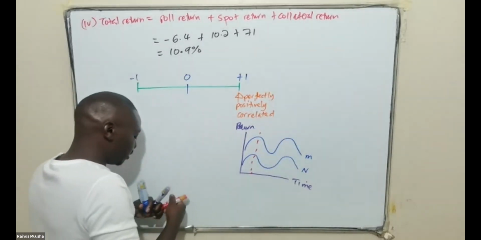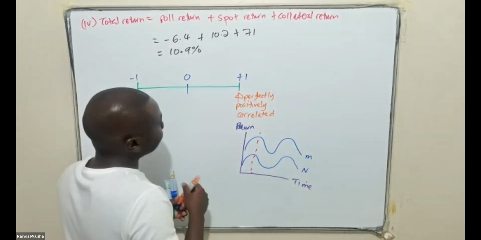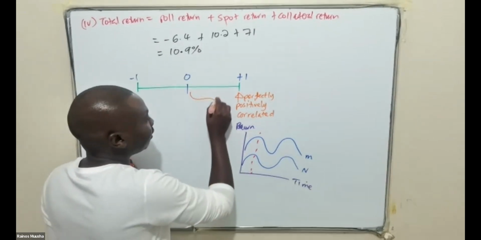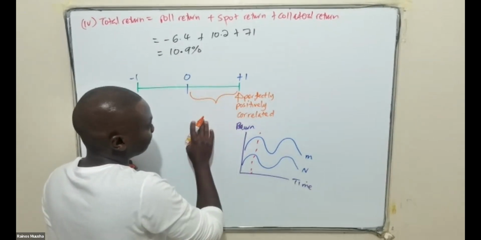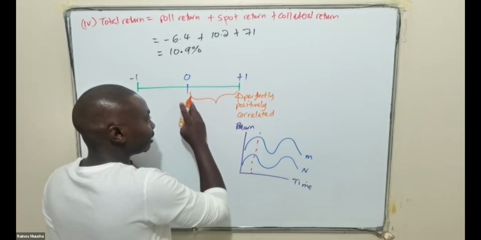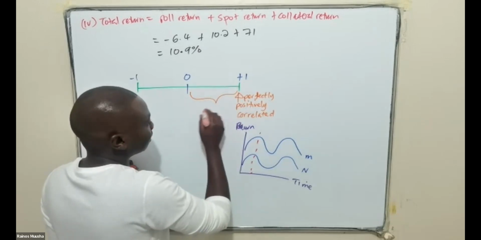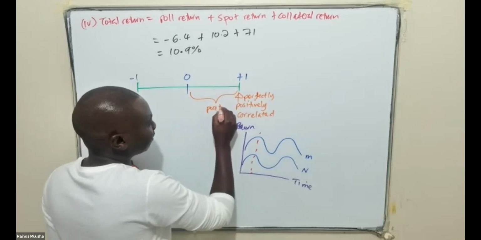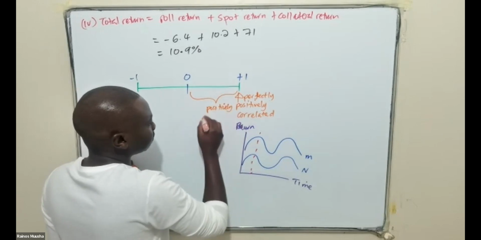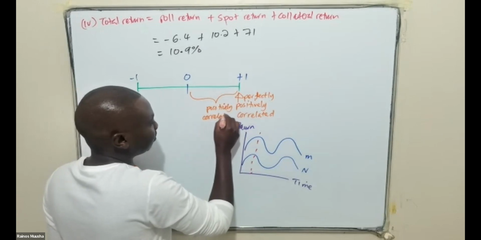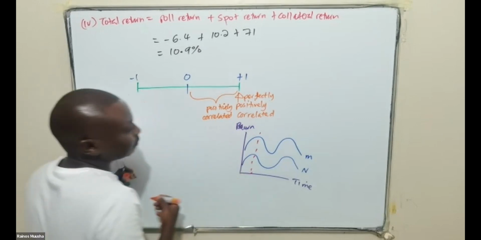But sometimes it is not necessarily going to be perfectly correlated. If the correlation coefficient between the assets is somewhere greater than 0 but less than 1, we just simply say they are positively correlated. So we just simply say the assets are positively correlated.